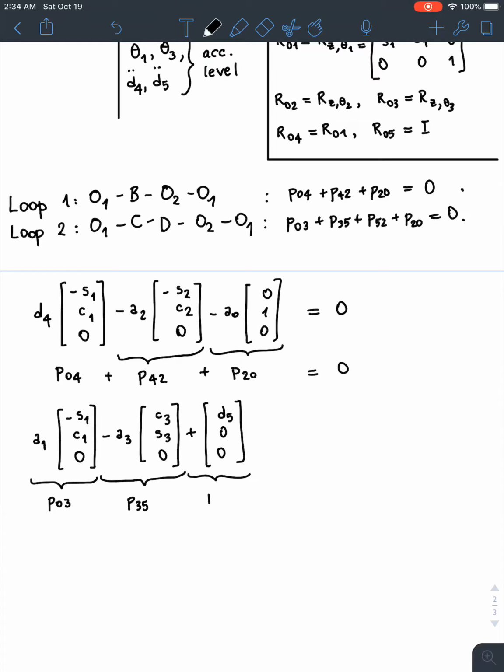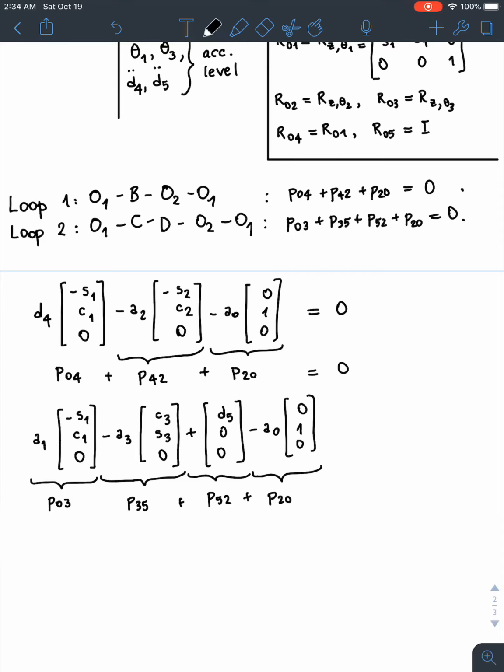This is P52. And finally, we've already determined what P20 was in the first loop equation, because we used it as its last term. And we just record that here immediately, to get something like this. This is P20.